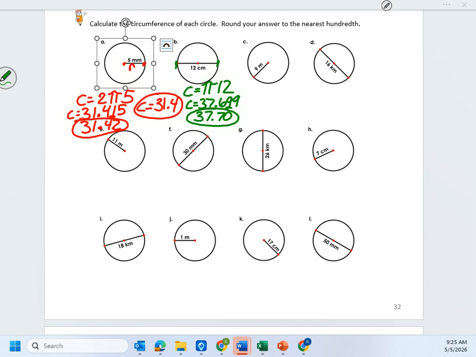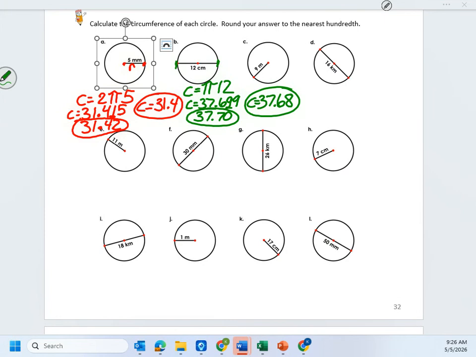If we use 3.14, what do we get? 3.14 times 12, Joy. 37.68. So you can see that they are close, but because one is a rounded pi and one is the full pi, they're slightly different. As long as you're rounding correctly, you'll get credit for either way.